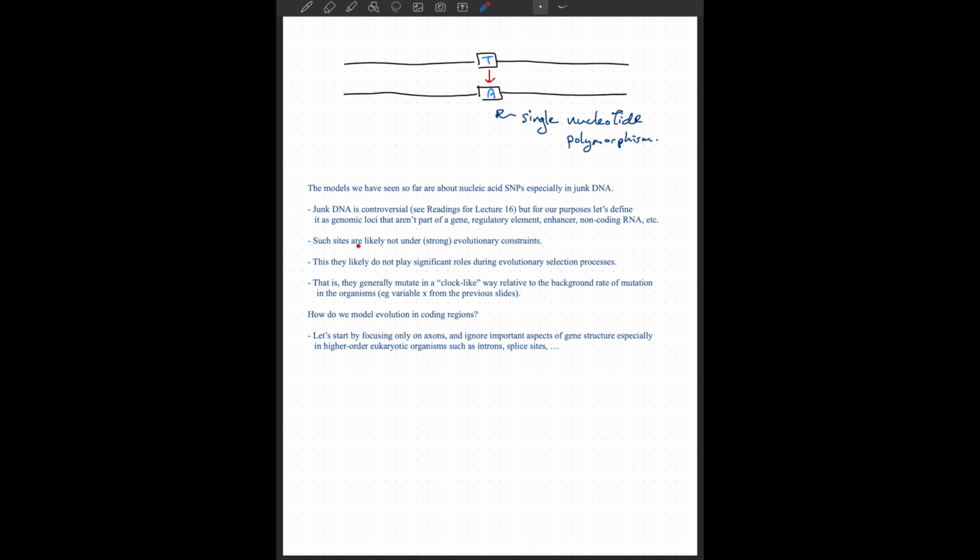There definitely are sites that are not under strong evolutionary constraints, and that's important, because then they don't play significant roles during selection, right?